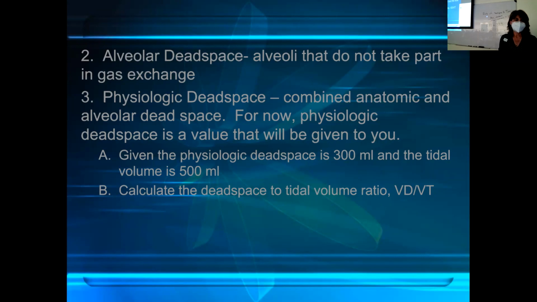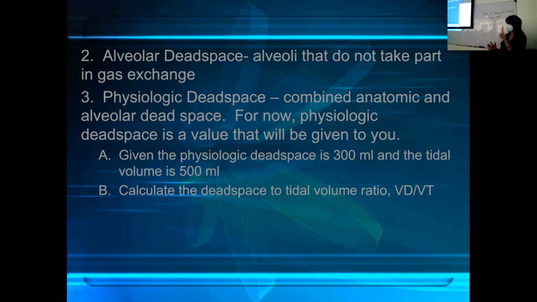So for now, the physiologic dead space is a value that will be given to you. Towards the end of the semester, there's another formula that we can plug into to figure out what the patient's physiologic dead space is. But I don't want to overwhelm you at the beginning of the semester. So I just let you know what physiologic dead space is.